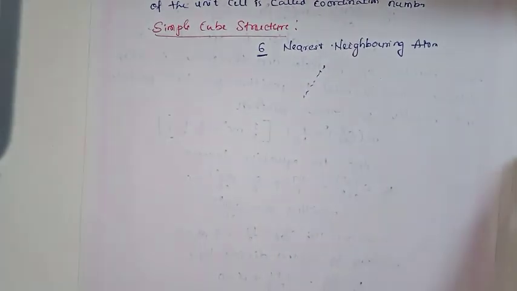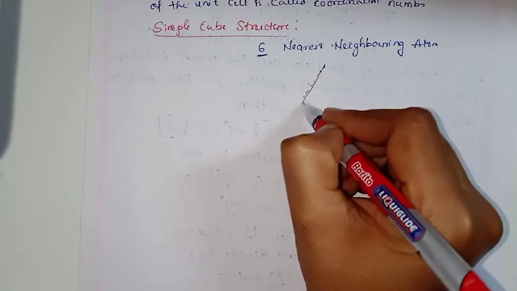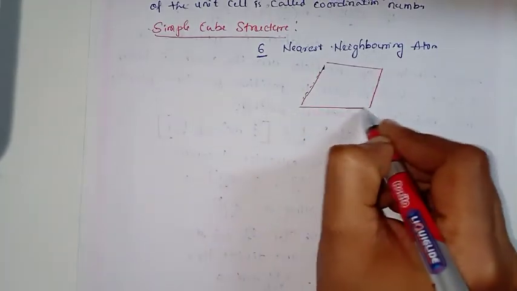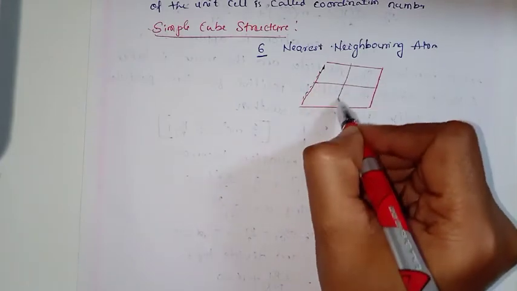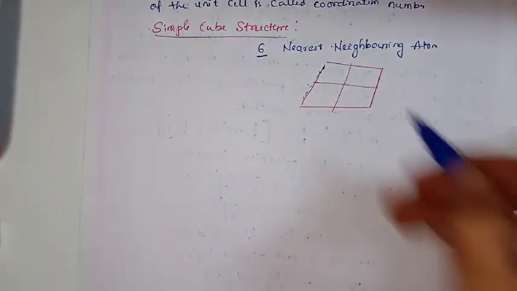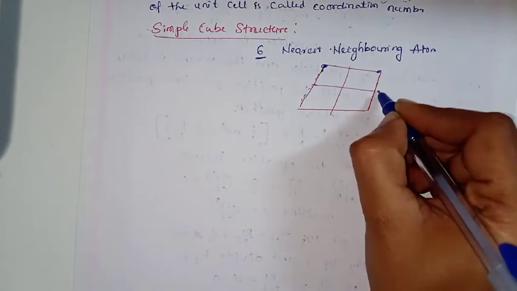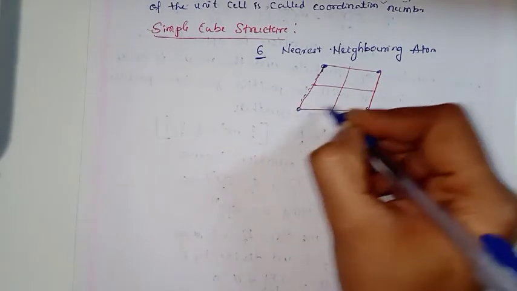If you take this crystallographic axis, here are the atoms 1, 2, 3, 4.